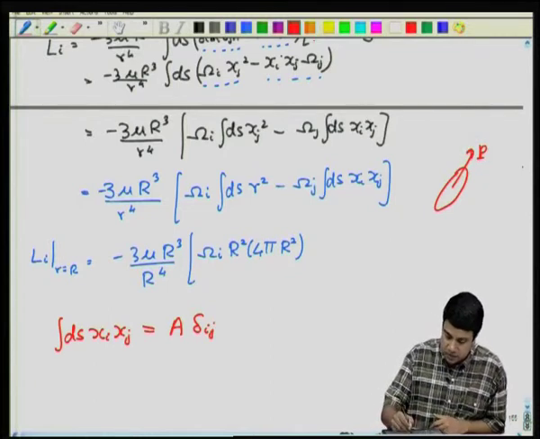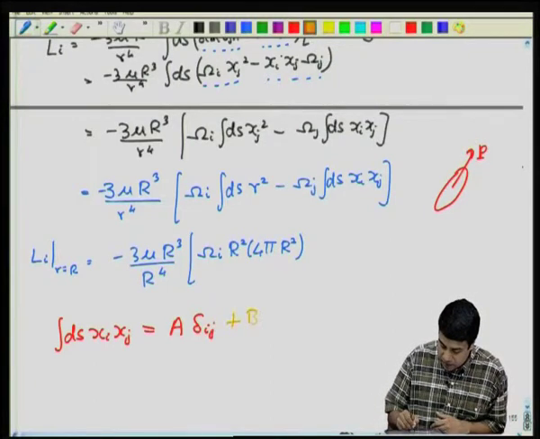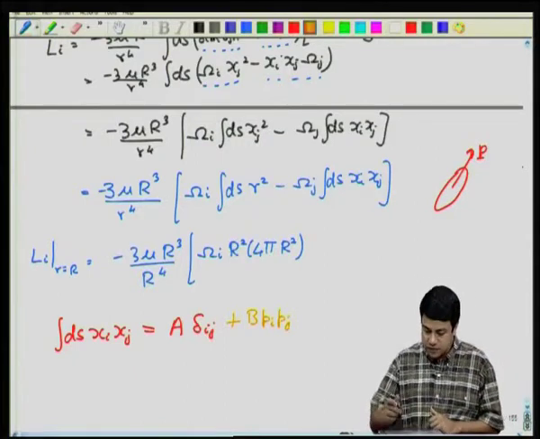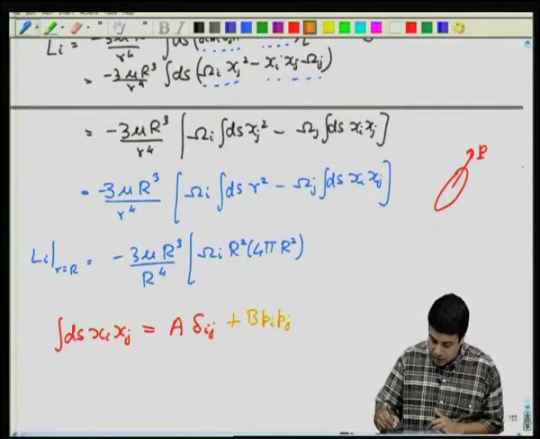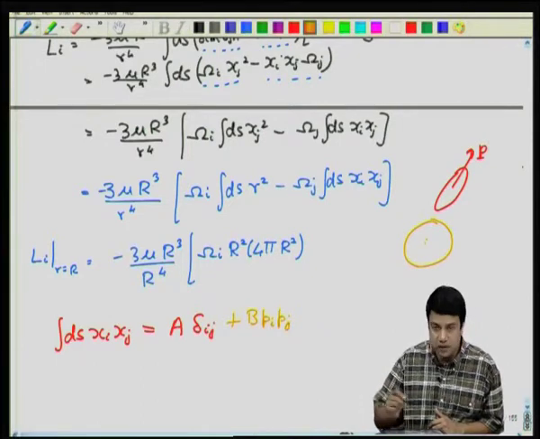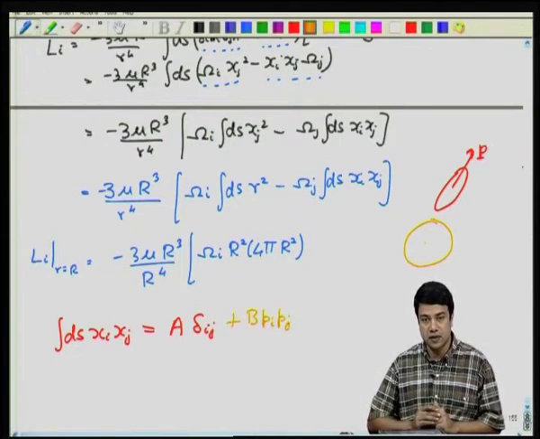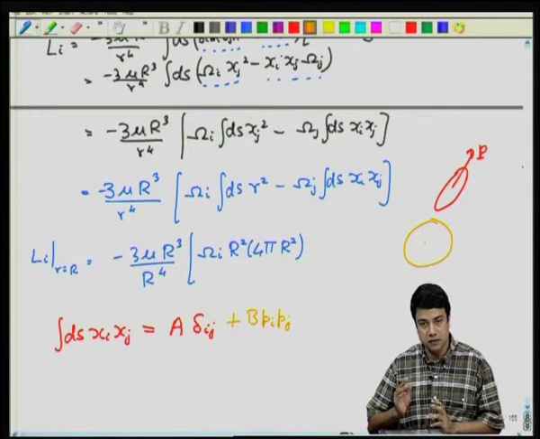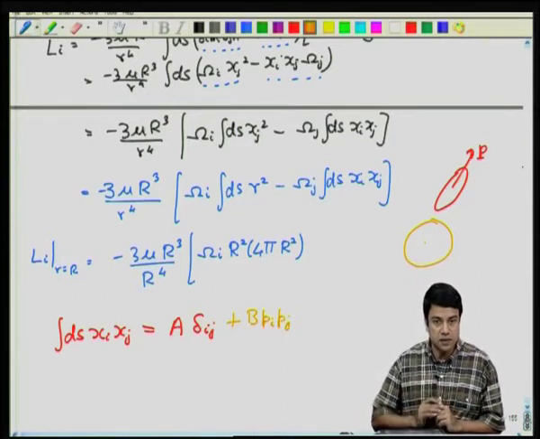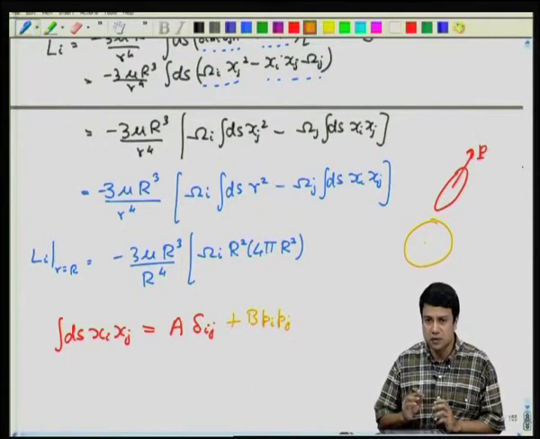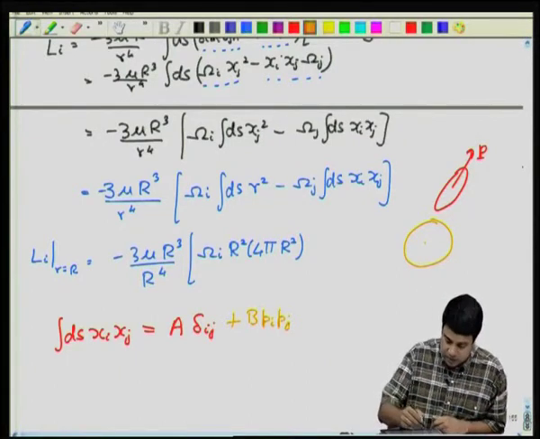So, for example, I would get something that could be written as plus pi pj. But a sphere itself is an isotropic object. There is no net direction here. Since there is no vector direction, the result that I should get will depend only upon the identity tensor, which is an isotropic tensor in 3 dimensions.